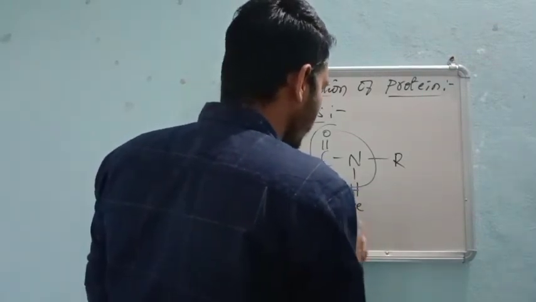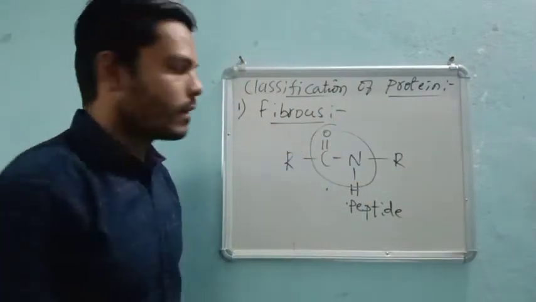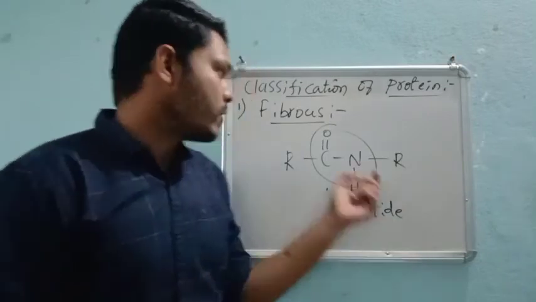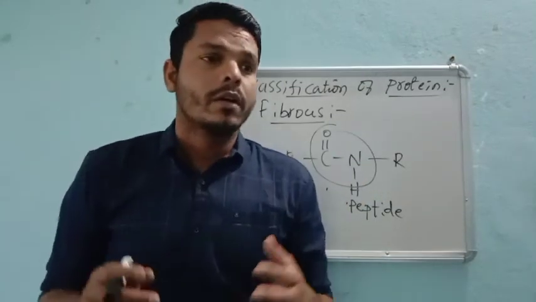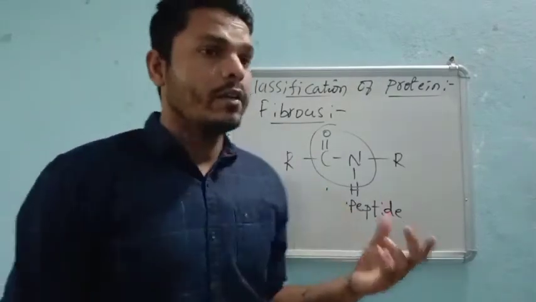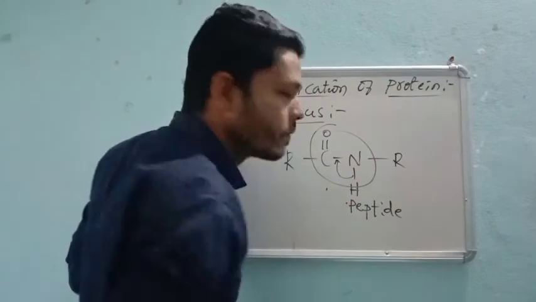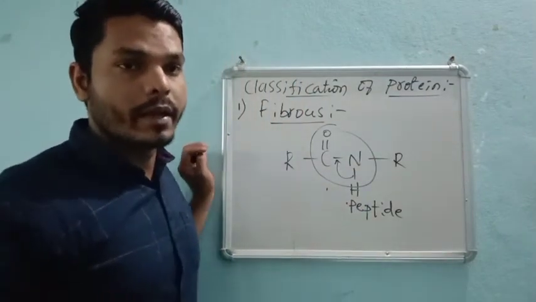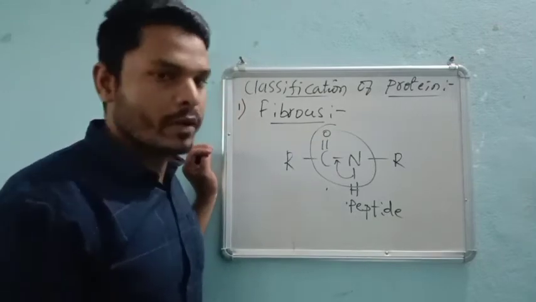You don't say poly when it is a single peptide; if there are more in number, then we add poly, right? So, a peptide chain. They look like a polypeptide chain held together by a hydrogen bond. Such proteins are called fibrous proteins.